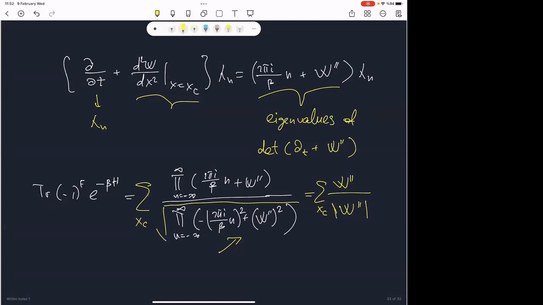Just choosing different prepotentials and plugging them in here, you can get the result for the Witten index. You can see here it's not zero, actually, for the case where you choose W as x square. If it's just the harmonic oscillator, meaning W equals x square over 2, then you get just 1.